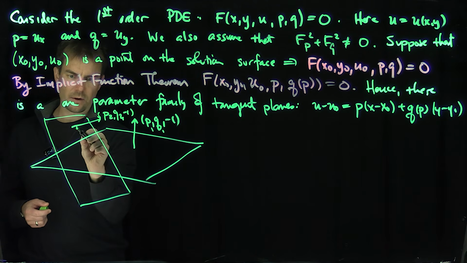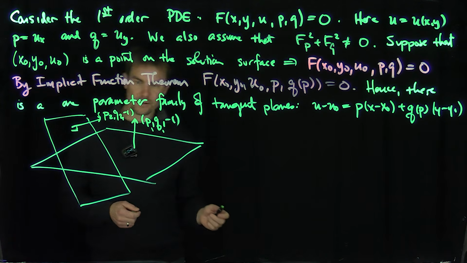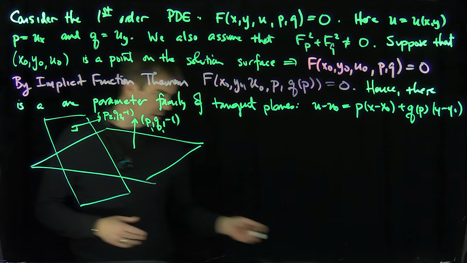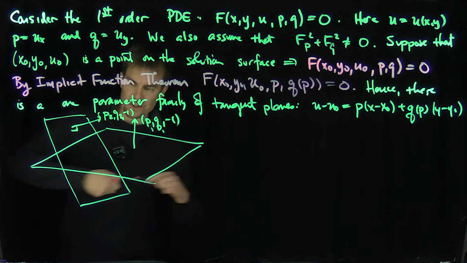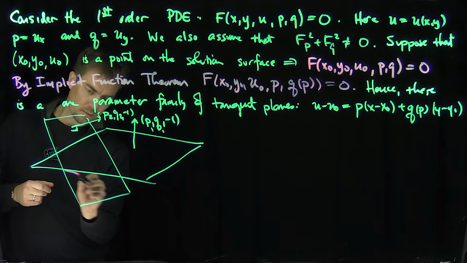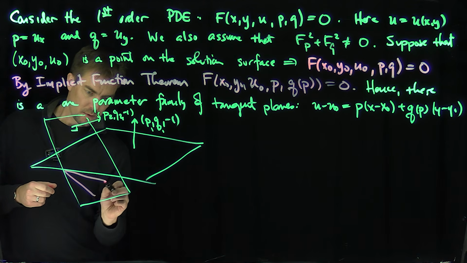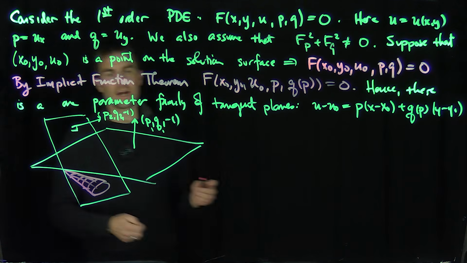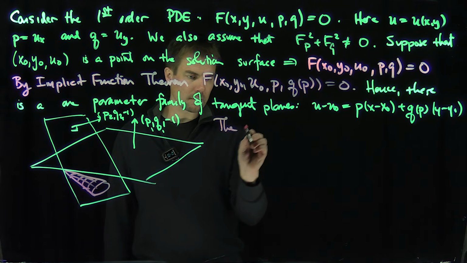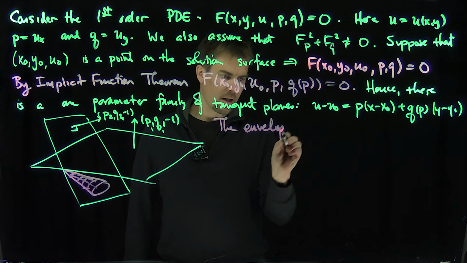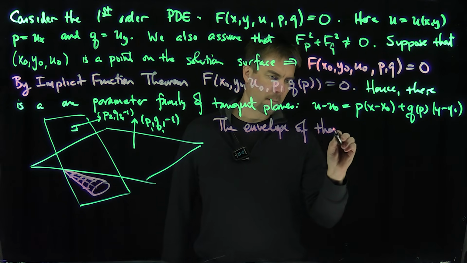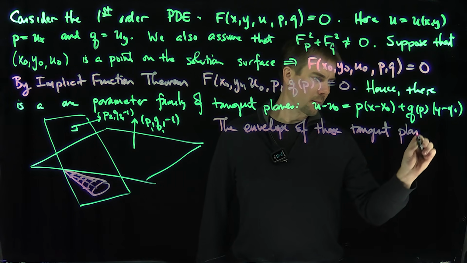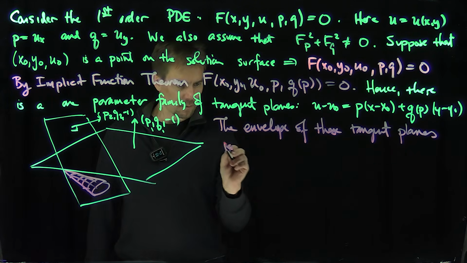The point of interest now is that as I look at the envelope of these planes, where they all touch, we're going to get a cone that's tangent to those planes. I'll remind everyone what an envelope is in a second. The envelope of these tangent planes is the Monge cone.